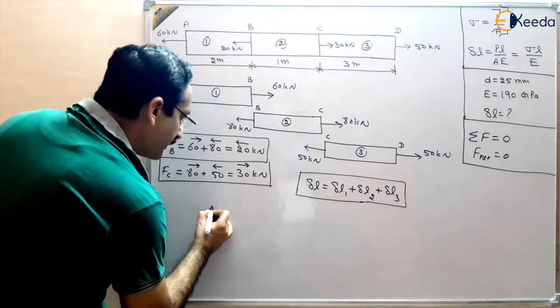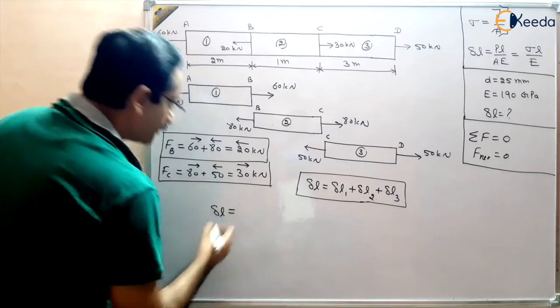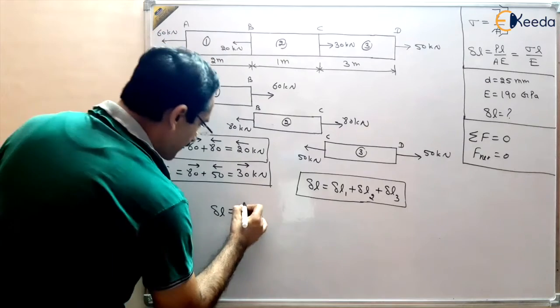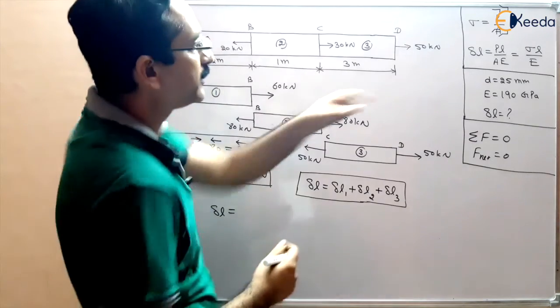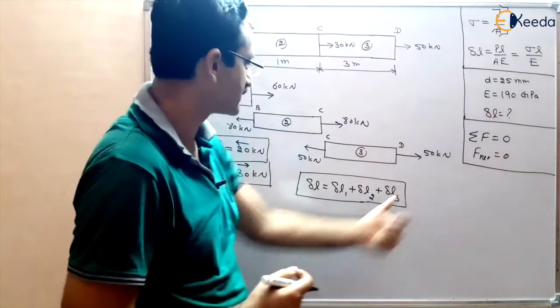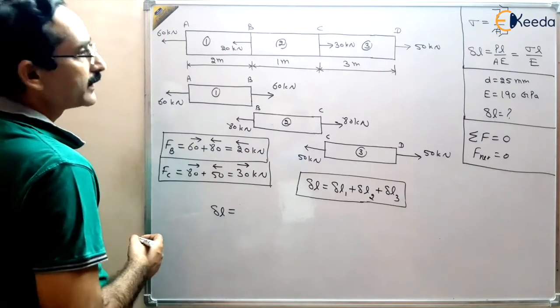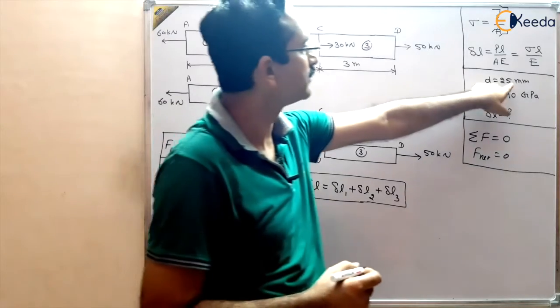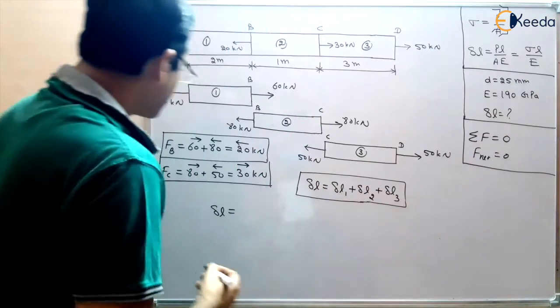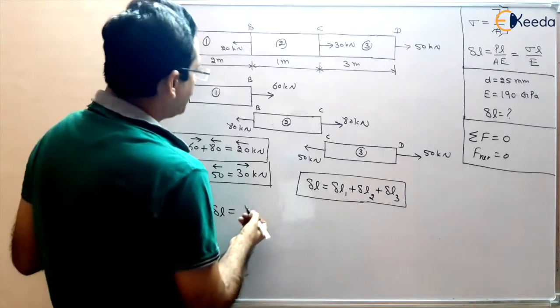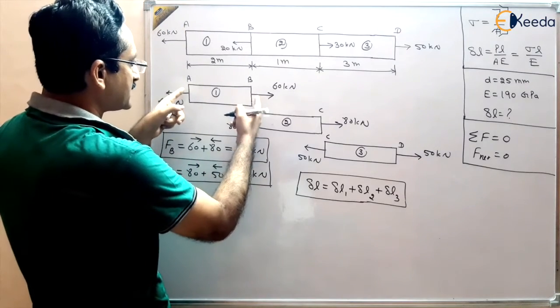Delta L must be equal to PL upon AE. P is the load, we can use this formula PL upon AE for each section. So P, and what about the area? Dia is given as 25 mm, right? So we can apply the formula directly. P is the load, in this case P1, right?